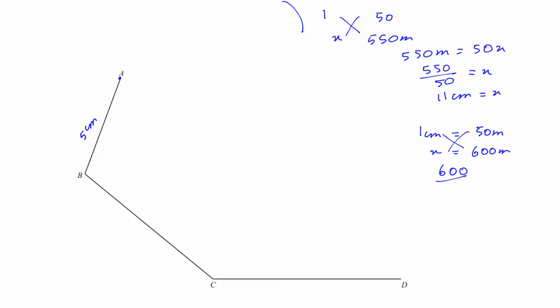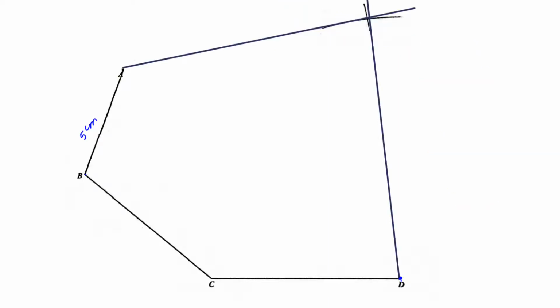It will be the same thing, 600 divided by 50, which will give you 12 centimeters. From D, we have to draw an arc 12 centimeters and see where both the arcs meet. This is how your arcs will meet, and this point here is your E.